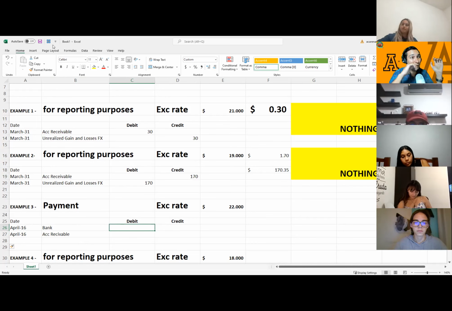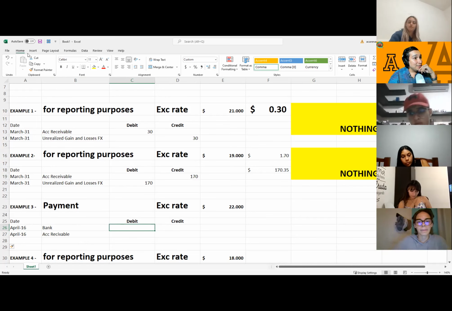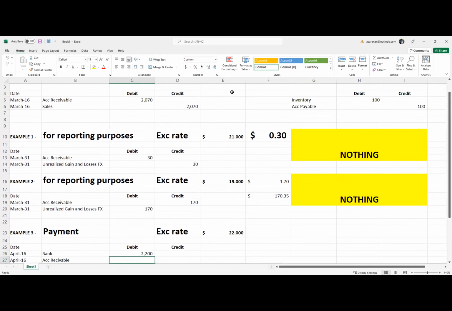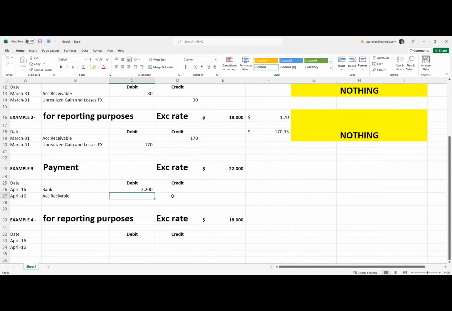You receive $100 and the exchange rate that the bank gave you is 22 pesos per dollar. So in this case, you received $2,200. Awesome. How much do you have in your account receivable in this case?